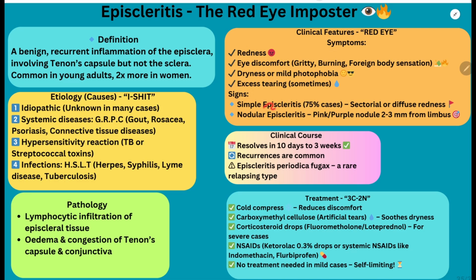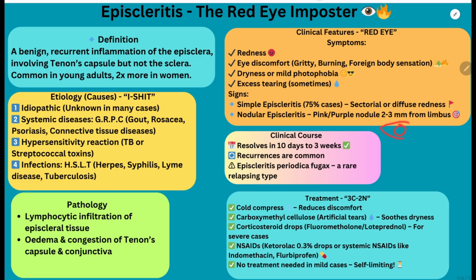Simple episcleritis is seen in 75% of cases, with sectorial or diffuse redness, and nodular. You can see simple or nodular. Simple is where the redness is diffuse, whereas in nodular episcleritis you will see a pink or purple nodule 2 to 3 millimeters from the limbus.